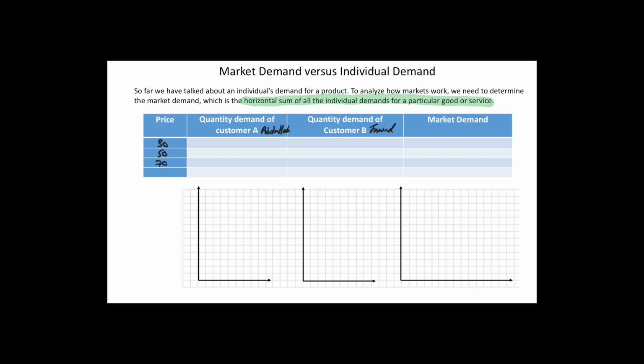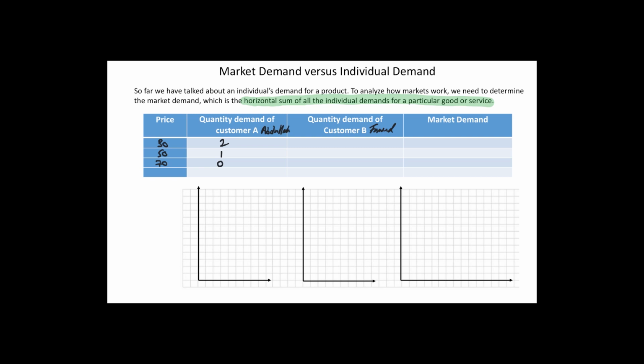And so if I ask Abdullah that, let's say in a day, if the price of Pepsi was 30 rupees, how much would you be willing to buy? Give me a number. 2. If it was 50 then? And if it was 70? Probably 0.